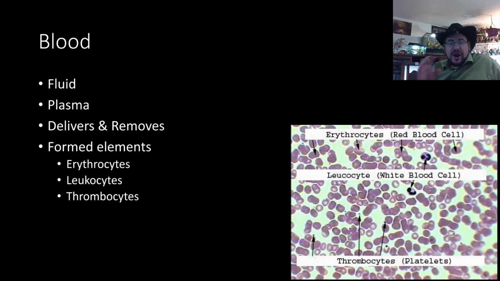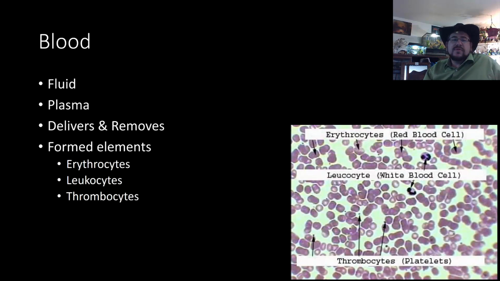Now, the platelets are not a type of cell on their own. Rather, they are fragments of their mother cell. And their whole function is to plug up damage to blood vessels. So, thrombocytes are actually cell fragments. So, this is literally why we call them formed elements.